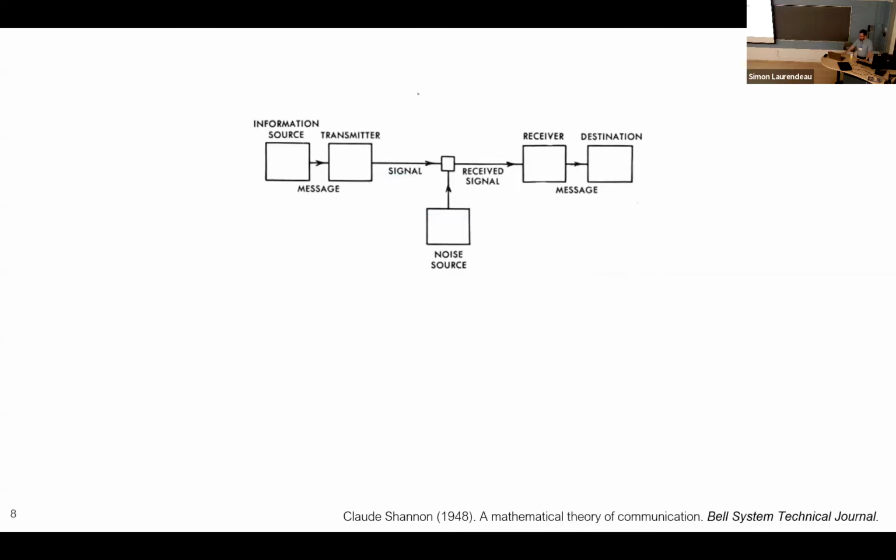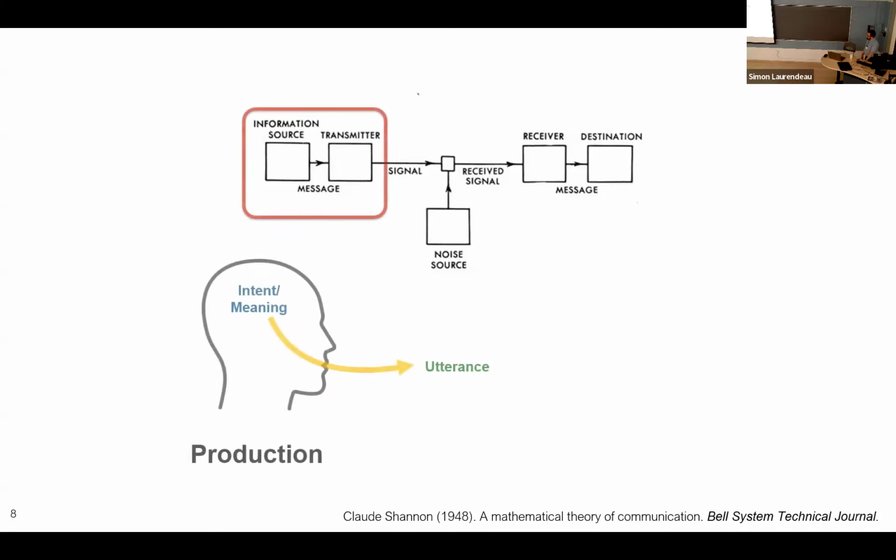So let's think about this from the usual information theory picture of communication. This is the usual diagram that's used in information theory for the basic analysis of a communication system. The first thing that has to happen in communication is that you start with a message or an intent or a meaning that you want to convey, and you have to turn it into a signal.